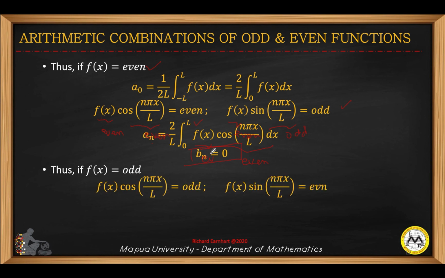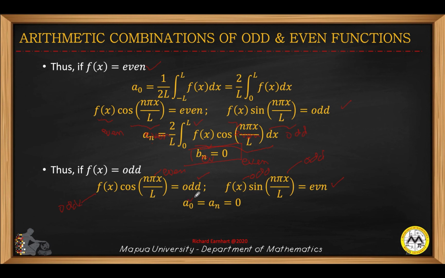And when f of x is odd, we know that cosine is even, so the resulting function is odd, multiplied by another odd function, you get an even function. So automatically the integral from negative L to L of f of x dx will be 0.